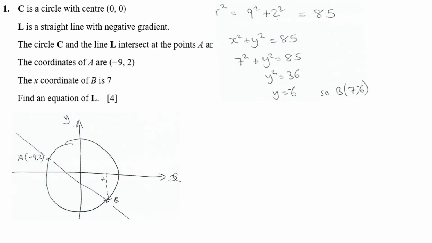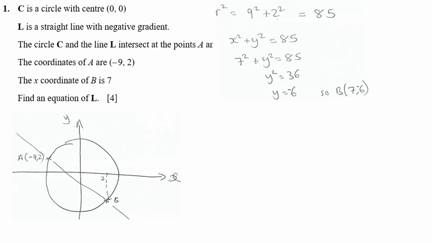Remember, every single coordinate on the circle has to agree to be equal to 85. So whatever x squared is, y squared has to be such that it equals 85. So I just did 85 take away 7 squared, which is 49. I got y squared is equal to 36.